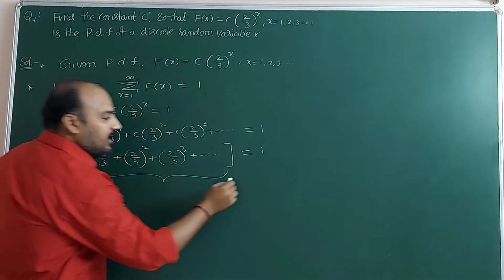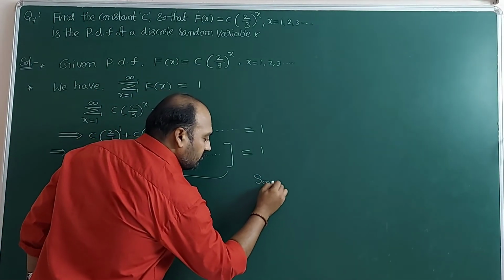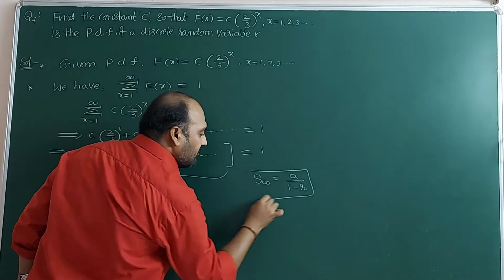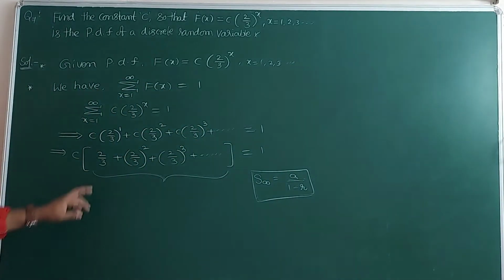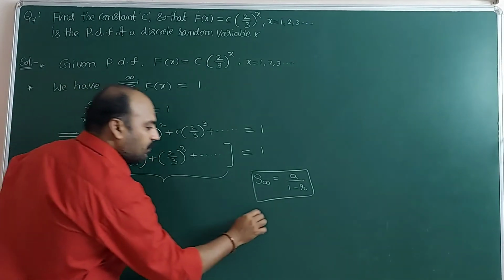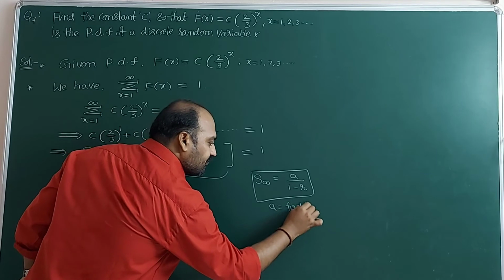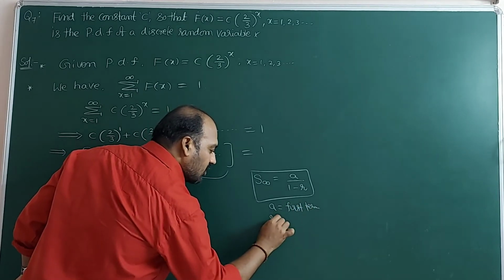So S infinity of a geometrical series is in this form, a by 1 minus r, where a is the first term of the series, r is the common ratio.